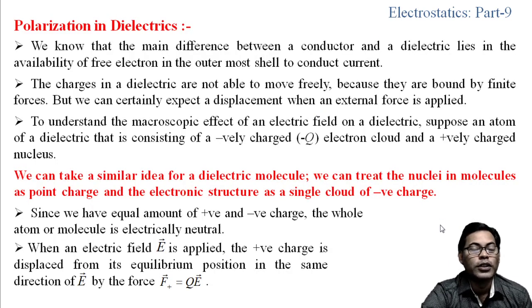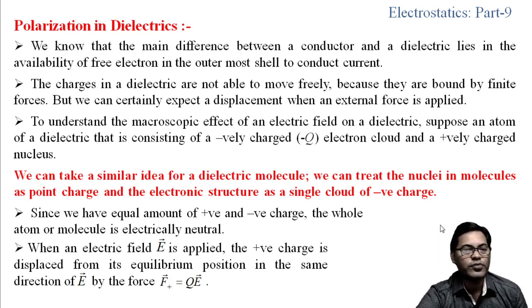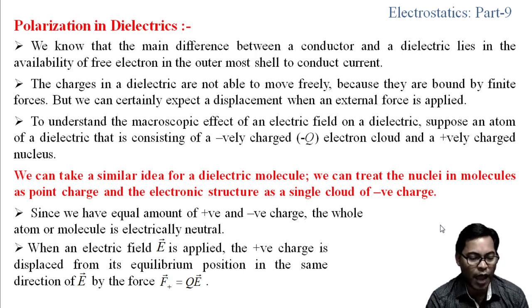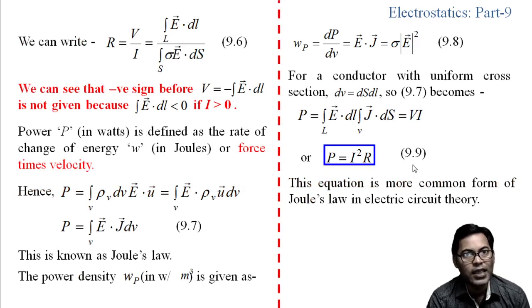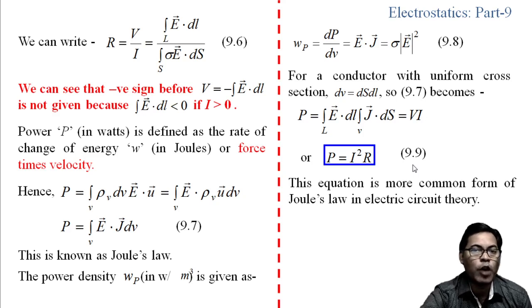So now we are going to see the polarization in dielectrics. That means up to this point, equation 9.9, we have completed the behavior of the electrostatic field in conducting medium. Now we are going to see the behavior of the electrostatic field in dielectric medium.